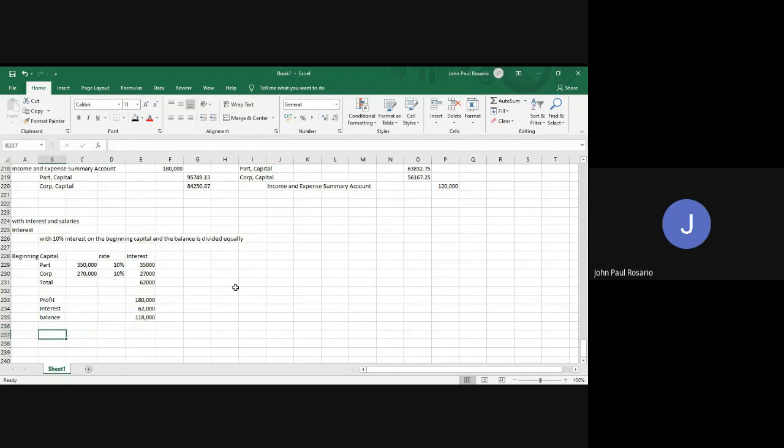So how much is Part's? Part is 118 divided by 2, since the partners share equally. And Corp is the same, 118 divided by 2.